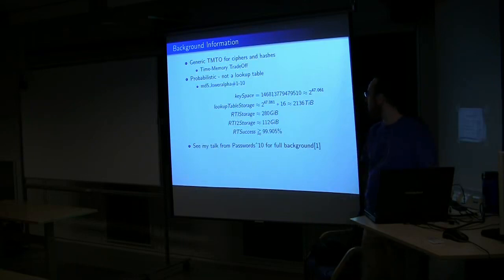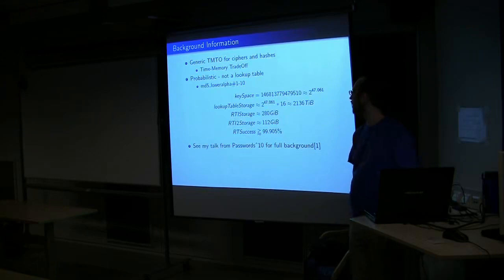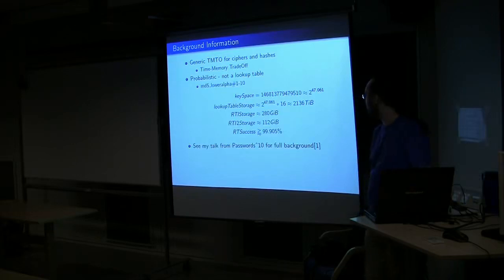As an example, here is a key space. I believe this one is the one for lower alpha. That's from an MD5 set we did. This is lower alpha length 1 through 10. That's the key space 2 to 47, so on. If you actually did that, it's just a basic lookup table with nothing special whatsoever of storing.